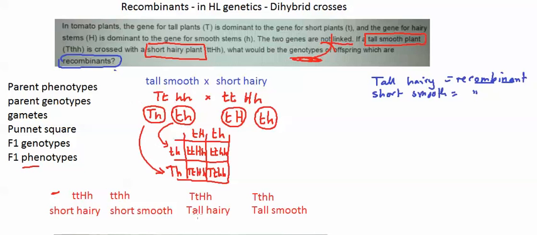We had a tall and smooth parent, so tall smooth is not a recombinant, because the parent was like that in the first place. Short and hairy is not a recombinant because short and hairy was one of the parents before. So the recombinants, as we mentioned over here, are tall and hairy, short and smooth. And the only possible genotypes that you can use to get those are these two genotypes here. And that's how you get the answer. That's the long way to get the answer.